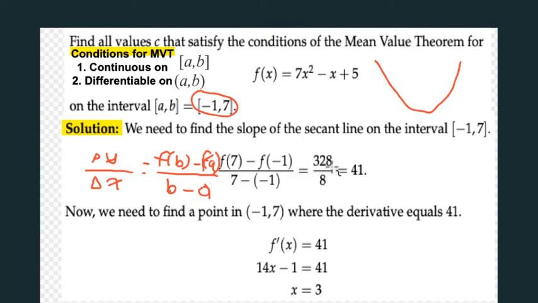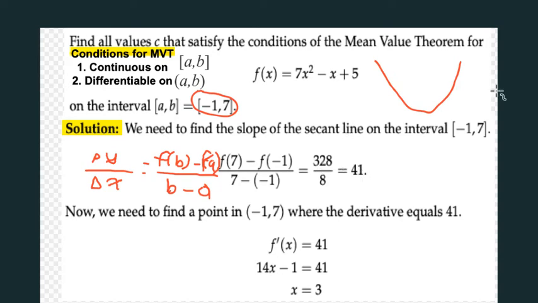Anyway, I think you get the idea. So we sub in 7, then we sub in -1 and subtract them. That gives us our rise. And then we do b minus a. Again, this is just a slope calculation, average rate of change, secant slope. So we do that, we get 41.